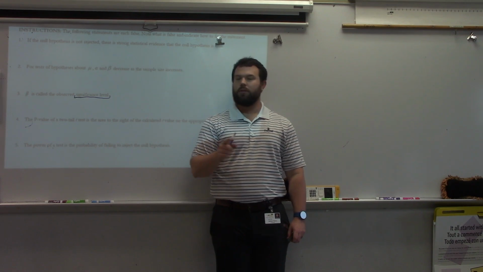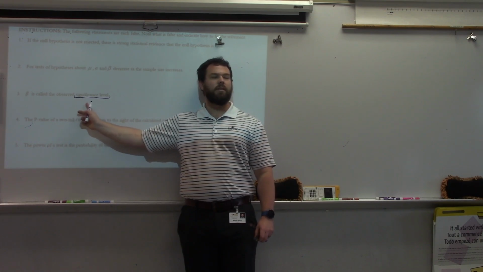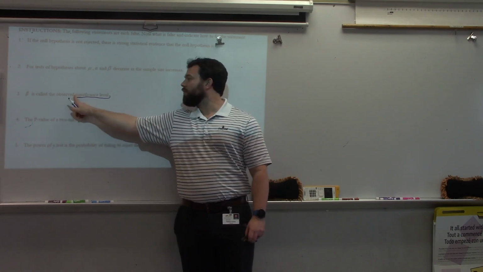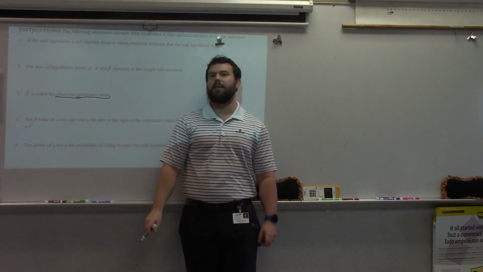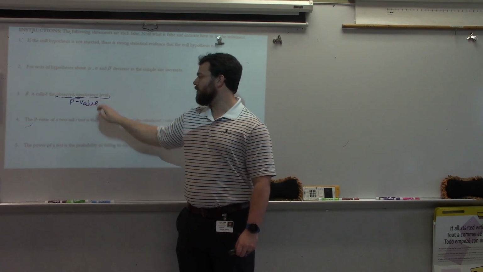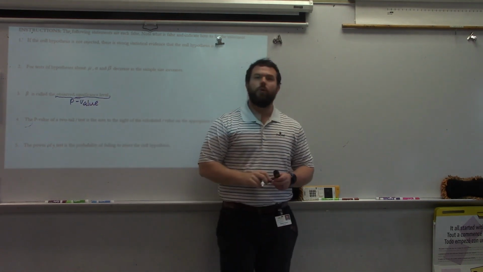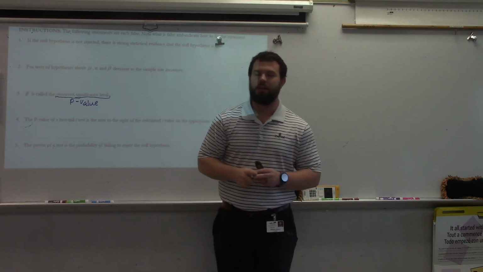Alpha. Just the significance level is alpha. But the observed significance level, which is based on the observed statistic, is the p-value. We've got to recognize that the observed significance level is the p-value.